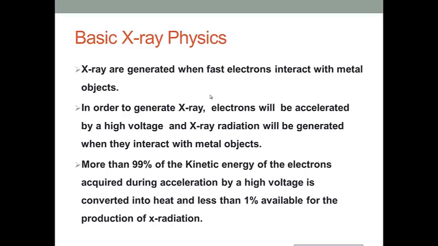The basic physics behind X-ray is very simple. When fast electrons interact with metal objects, they will create X-rays. That's the basic idea. Now, let's see what we need to do to generate X-rays. First, electrons will be accelerated by high voltage.